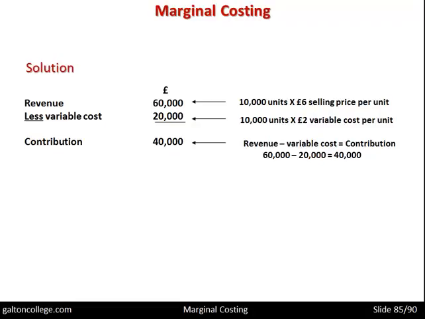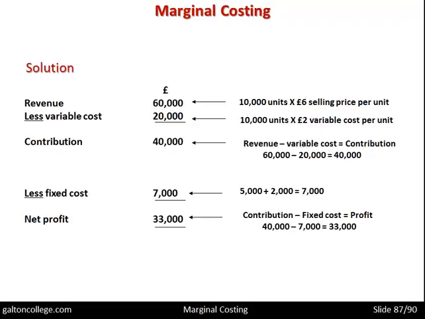So 60,000 minus 20,000 is equal to £40,000. So now we know what the contribution is. Less the fixed cost. The fixed costs were £5,000 and £2,000, which is £7,000. In other words, the net profit is £33,000. So the contribution, which is £40,000, less the fixed costs, which is £7,000, equals £33,000.